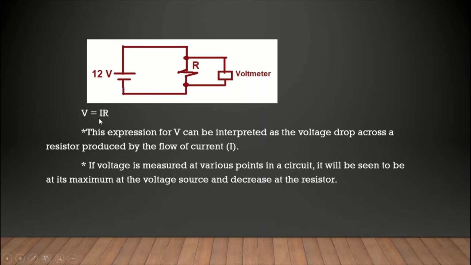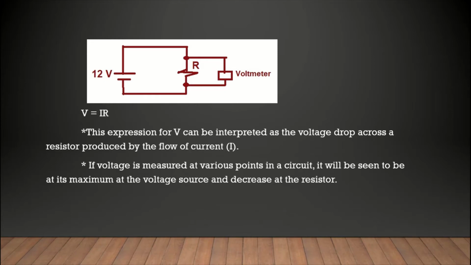V is equal to IR. This expression for V can be interpreted as the voltage drop across a resistor produced by the flow of current I. Just like in this illustration, we have here the voltage source, and we have here the resistance R. If we tap a wire on both sides of the resistor and use a voltmeter, you can see that across the voltage source, it will be at its maximum voltage.